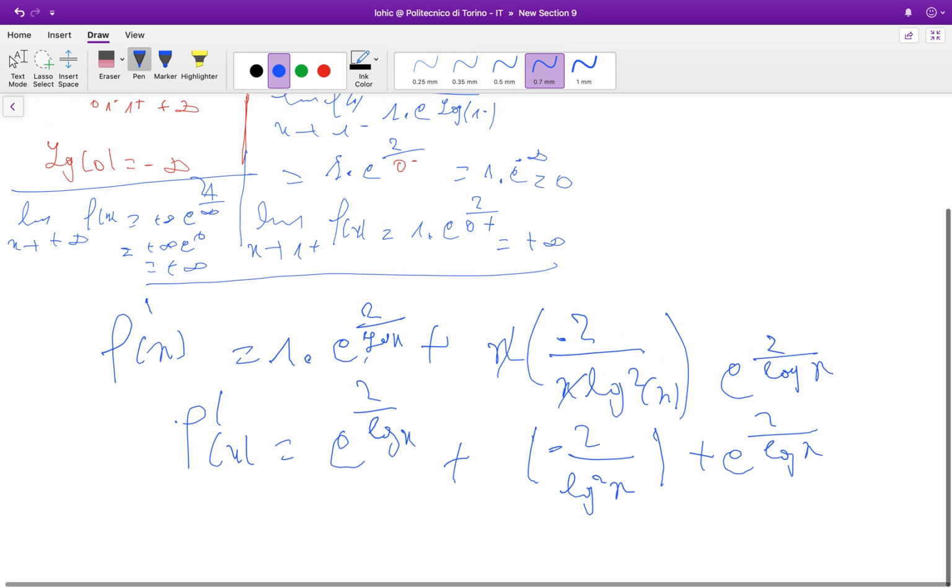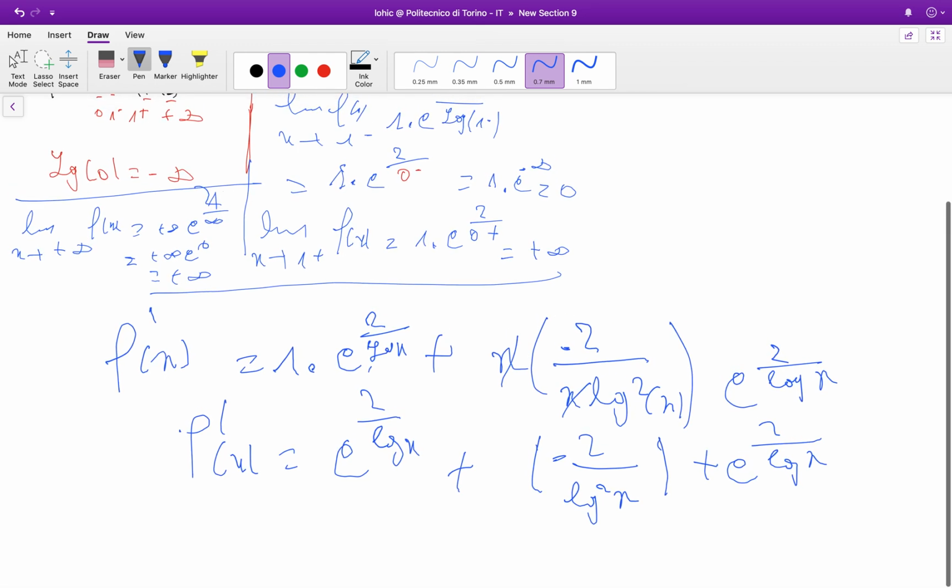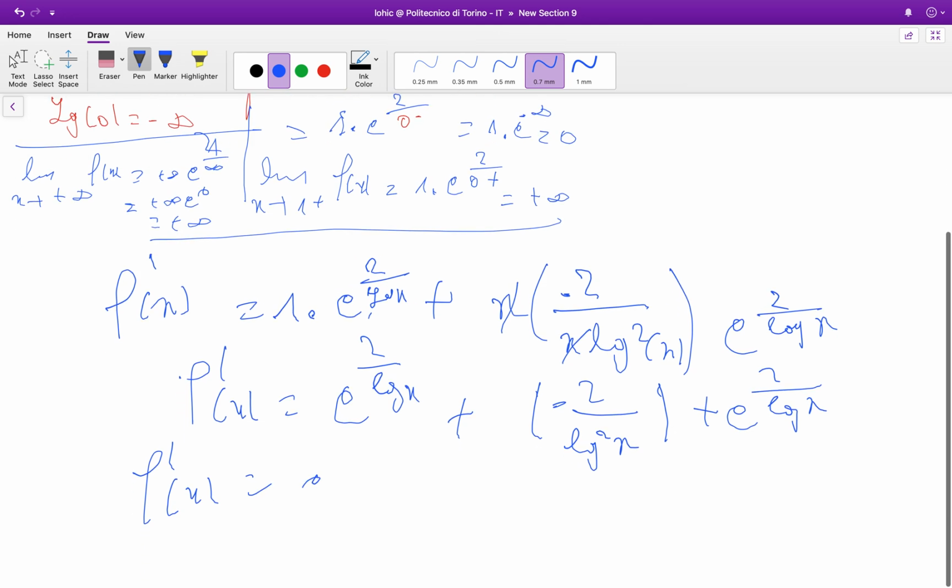Now one can directly see that it's possible to factorize exponential of 2 over log of x. So we get f prime of x equal to exponential of 2 over log of x. Here we remain with 1 plus, here we remain with minus 2 over log square x.